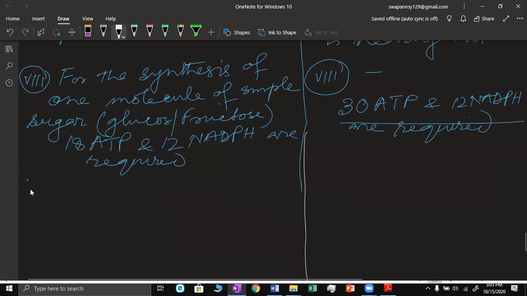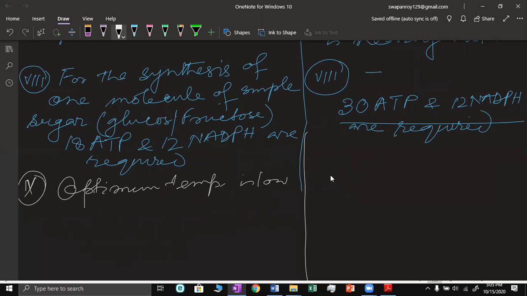Optimum temperature is low. Optimum temperature is high.